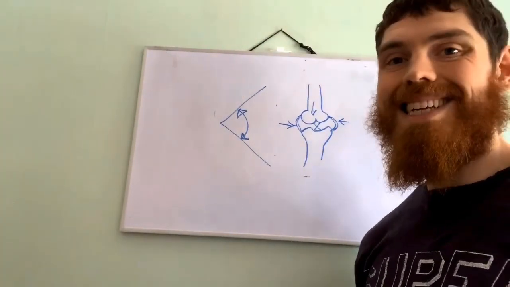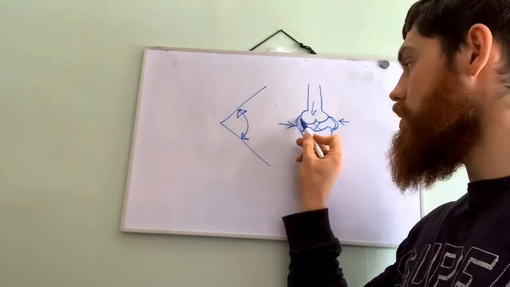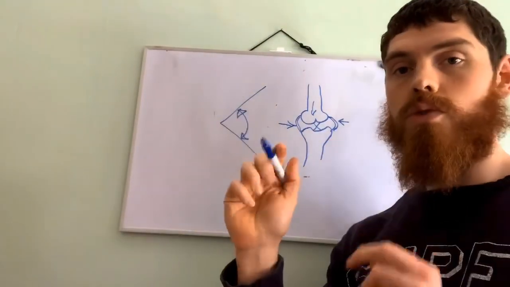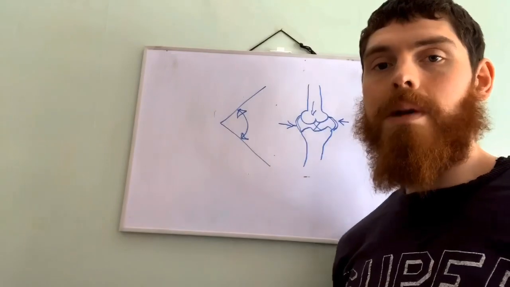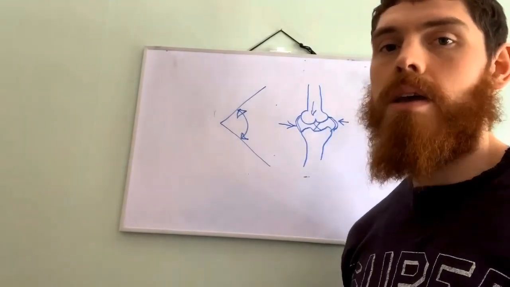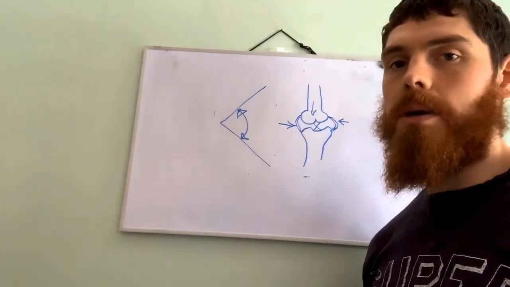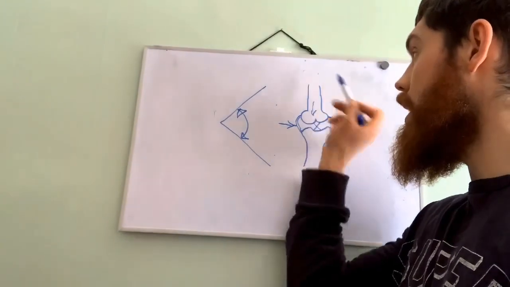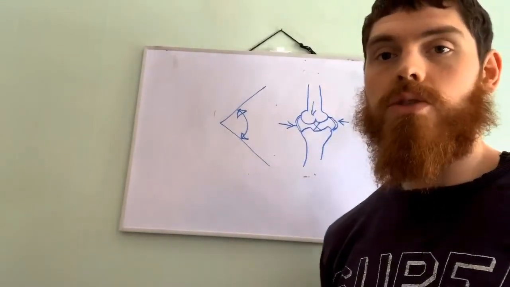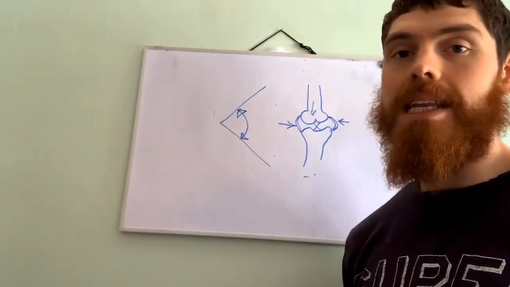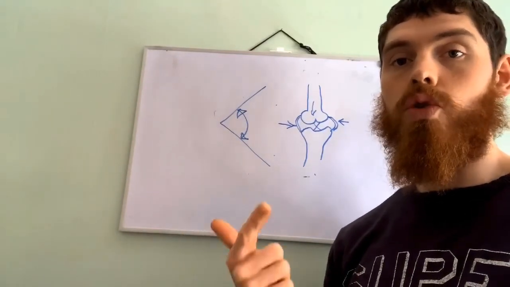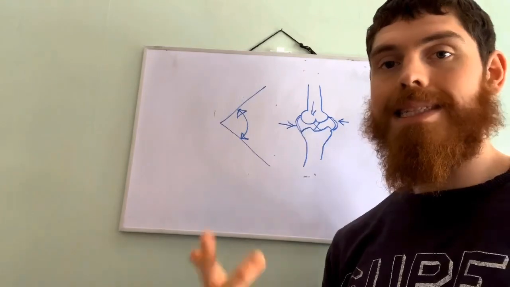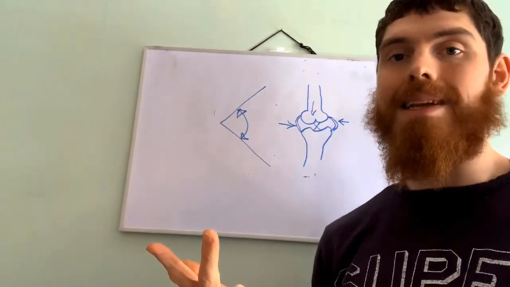And so realistically, the main reasons why the knee will start to drop in or out is not normally because of the knee itself. It's more commonly to do with the joints above and below it, namely the hip or the ankle. And so a lot of the time when we're looking at managing a knee problem, we have to look at good ankle mobility and stability, good knee mobility and stability, as well as good hip mobility and stability.